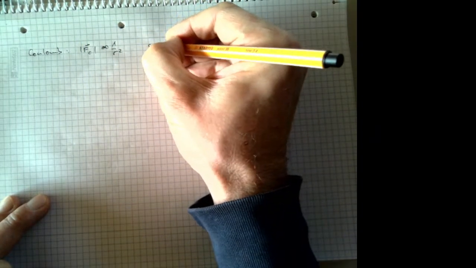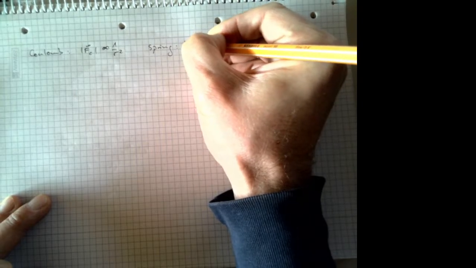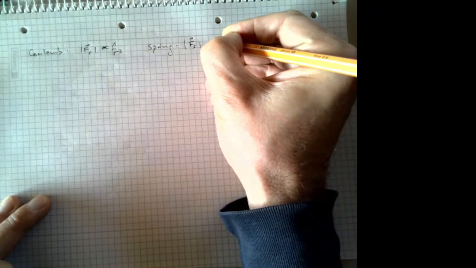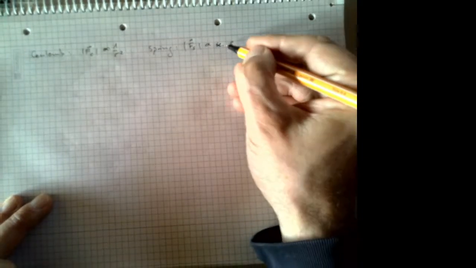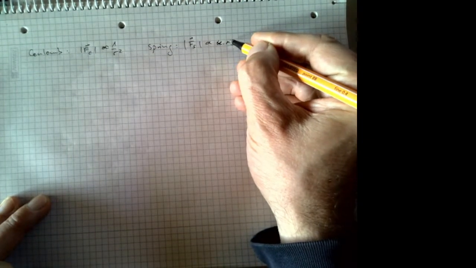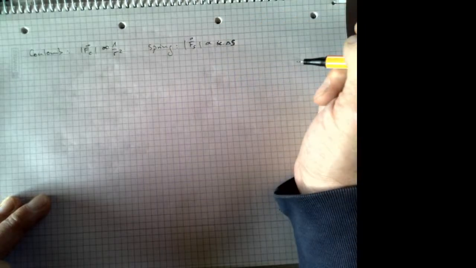A spring, let's say the spring force is proportional to the displacement itself, x or s, whatever you call it, delta s basically. It is delta s measured from an equilibrium point.